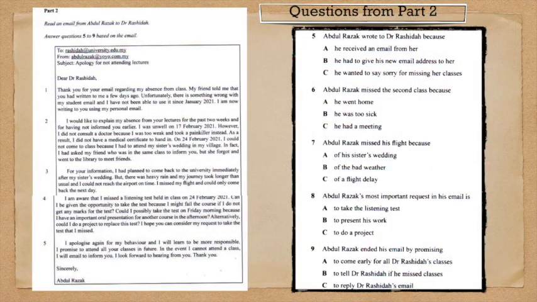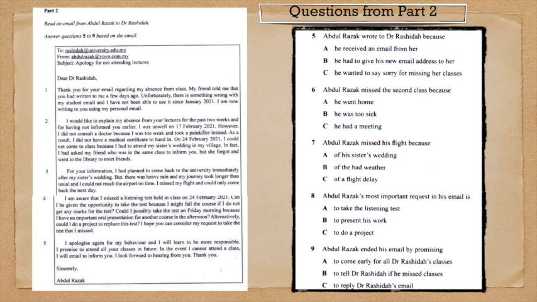This is the question from part 2. It consists of a text between 300 to 400 words, and also MCQ questions with 3 options. For this kind of question, you can either read the passage and then read the questions, or you can read the questions straight away and after that refer to the text.